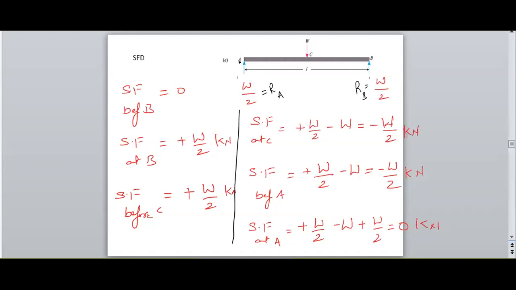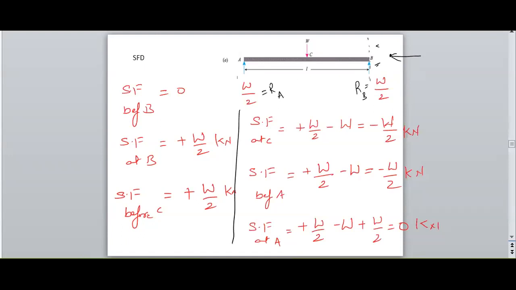We are moving the section from the right hand side to the left hand side. Therefore, the first point will be B. So the shear force before B: my section is here.